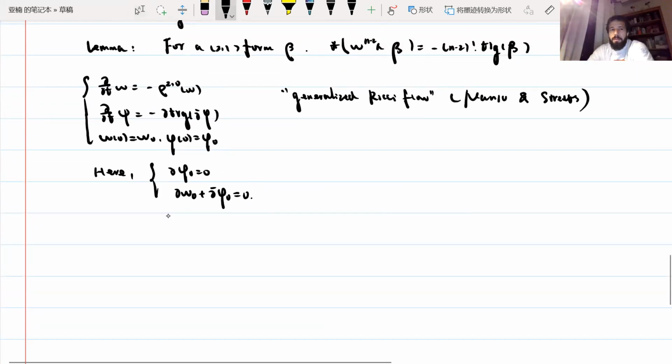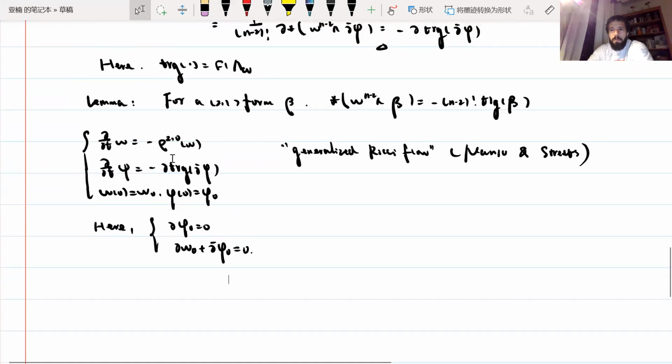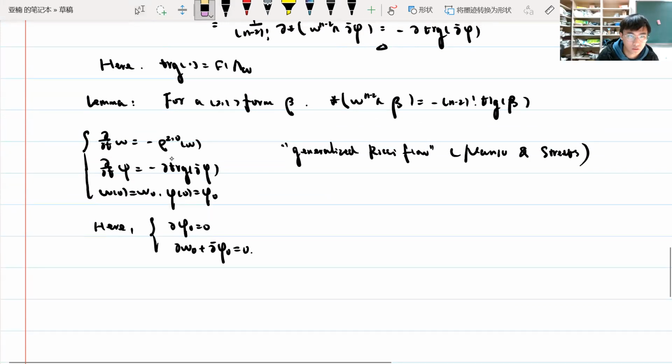So the first equation in your flow, it should be with the 1,1 part of the Bismut-Ricci form, right? Rather than the 2,0. Yeah, sorry. 1,1 part. Sorry. Thank you.